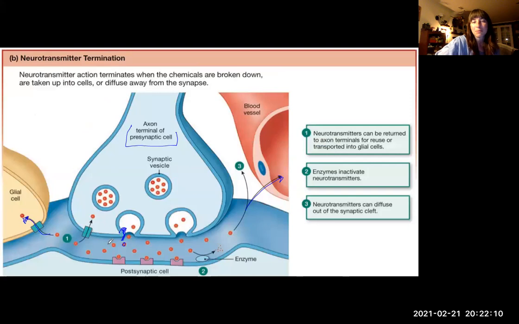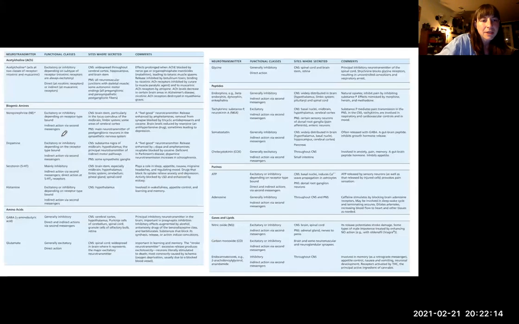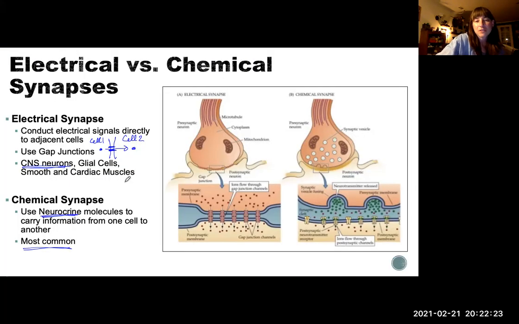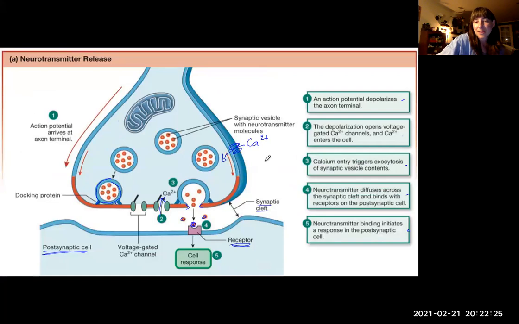So basically, an example that I was thinking about earlier is the neurotransmitter serotonin, right? Which is like the happy chemical, right? Think about antidepressants. There is an entire class of antidepressants called SRIs. That stands for serotonin reuptake inhibitors.